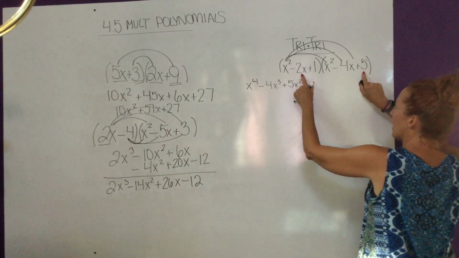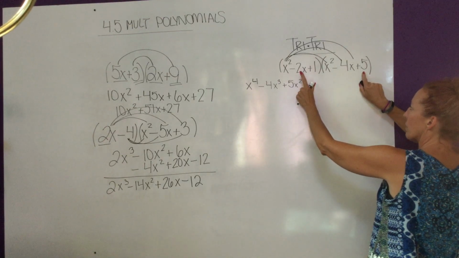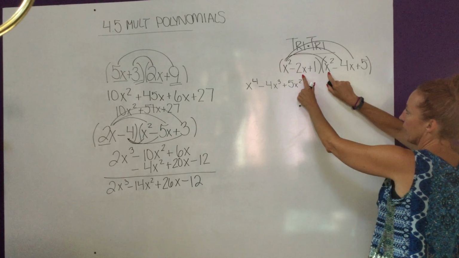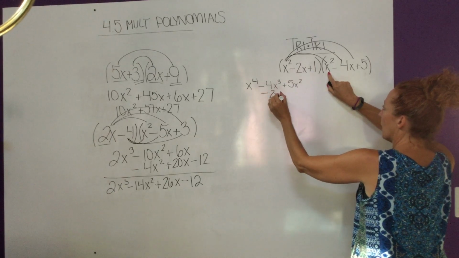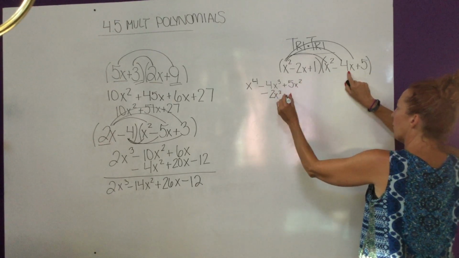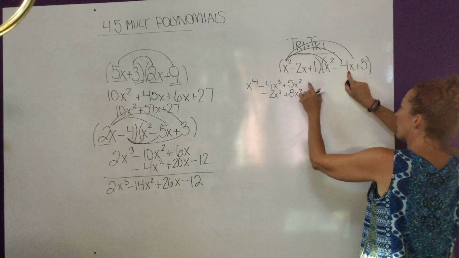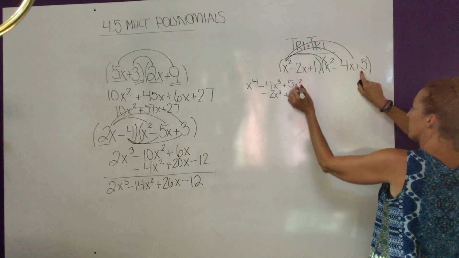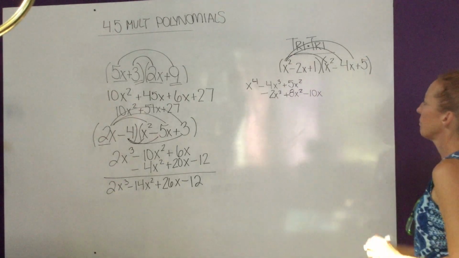Then I'm going to indent, and I'm going to multiply everybody through by -2x. So -2x times x squared is -2x to the third. -2x times -4x is going to give us positive 8x squared, and a negative times a positive is -10x.